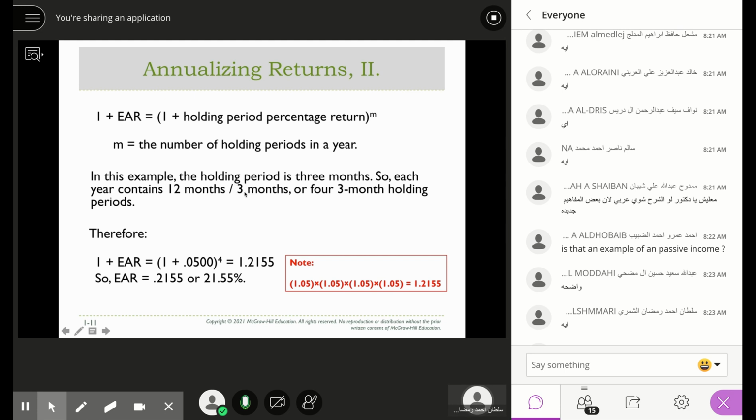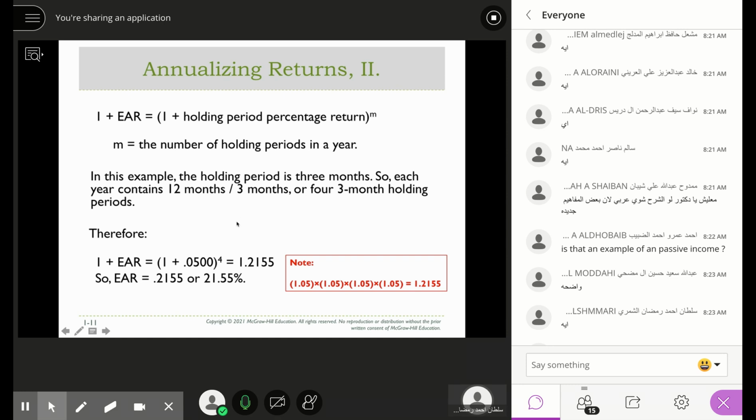In our case, it's 3 months. So it is for 3-month holding periods. This is the number of holding periods in a year. So in our case, M is 4. It is 12 months divided by 3. This is 4 holding periods.